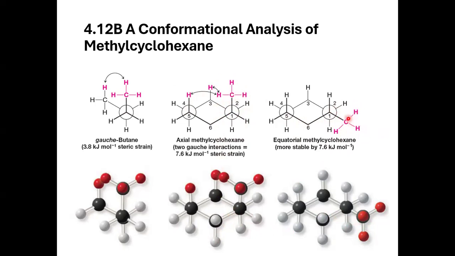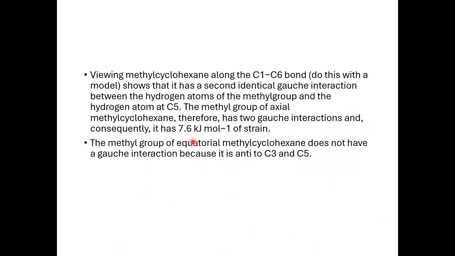When we flip all the bonds, you will see here that the position of the methyl group is very far from all other hydrogen atoms. So in the equatorial position, there is minimal repulsion between the hydrogen atoms and this methyl group. In fact, this is more stable. The equatorial methylcyclohexane is more stable by 7.6 kilojoules per mole relative to the axial methylcyclohexane.